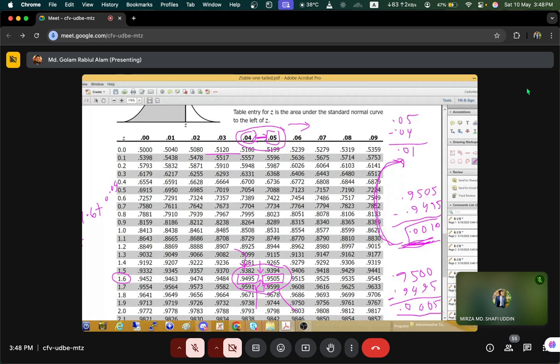Then for this smaller difference, what will be the difference in alpha value? We can easily find that using interpolation. You will get 0.005. If you add all this, it is 1.6, then 4 and 5, 1.645. So this is the critical value of Z.